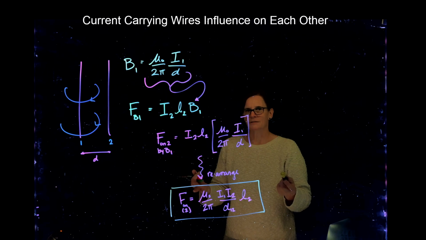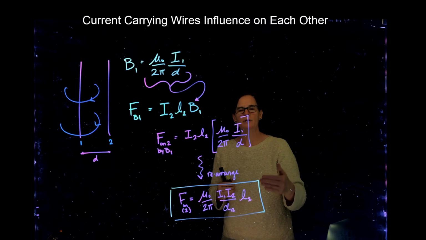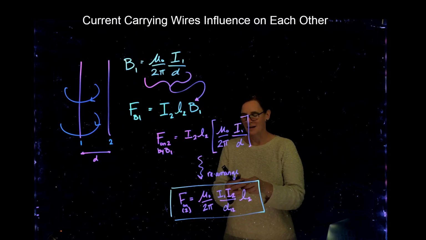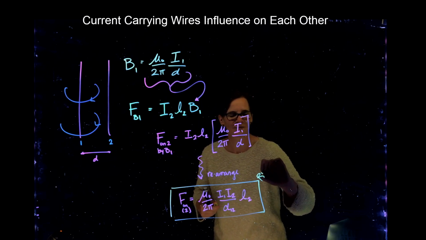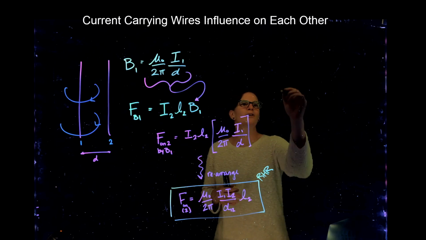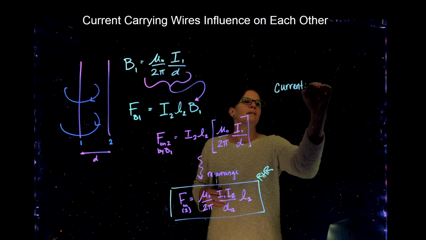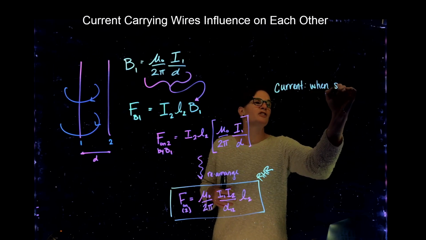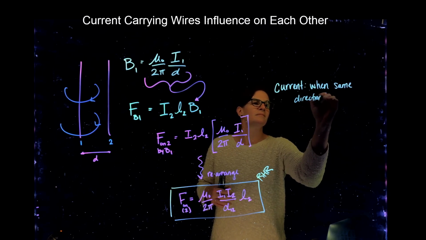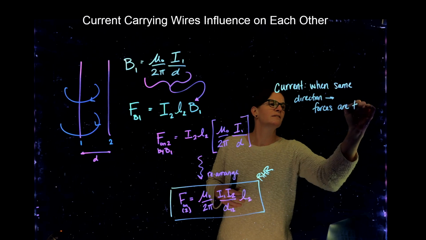What about the direction? We know forces have a direction. What about the direction of the force that wire 2 experiences from the magnetic field produced by wire 1? Well, that again is just that right-hand rule. And when you do the right-hand rule, we find that when the currents are in the same direction, the forces are towards each other.